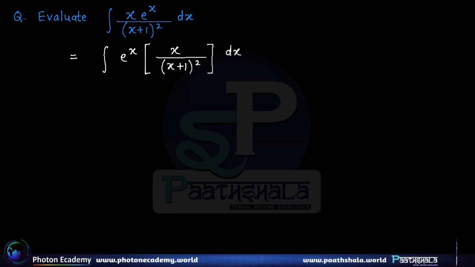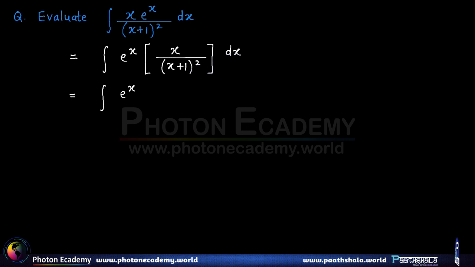Now here we use a little trick: we observe that in the denominator we have x plus 1 squared, and in the numerator we have just x. So what is missing? It is 1, isn't it? So therefore we add and subtract 1 in the numerator.